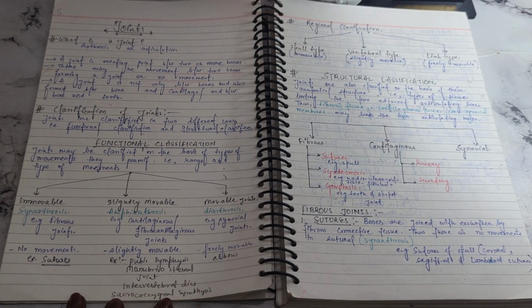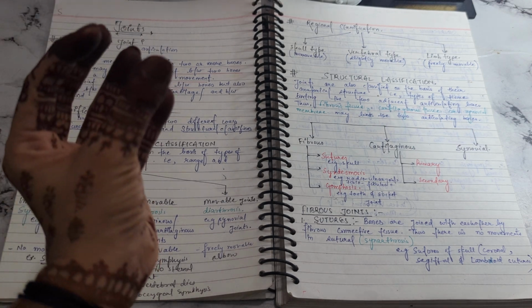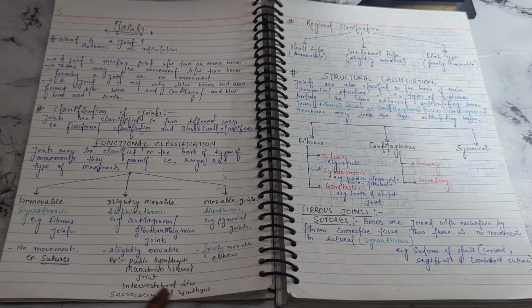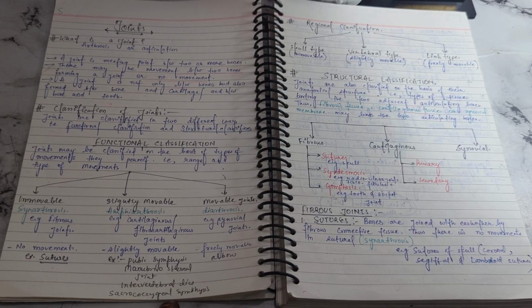The next is the intervertebral disc, present between the vertebrae of our spine. Next is the sacrococcygeal symphysis, the joint at the coccyx.